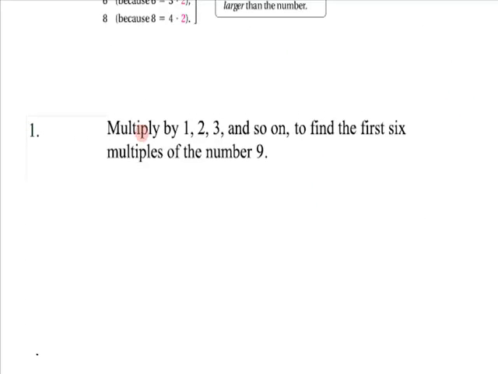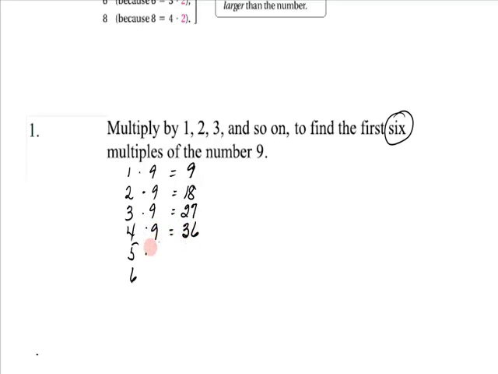It says multiply by 1, 2, 3, and so on to find the first 6 multiples of the number 9. So, 6 multiples: 1, 2, 3, 4, 5, 6. 1 times 9 is 9. 2 times 9 is 18. 3 times 9 is 27. 4 times 9 is 36. 5 times 9 is 45.